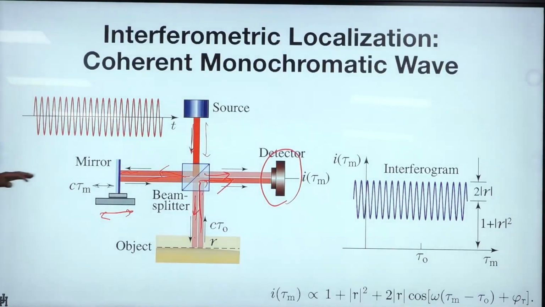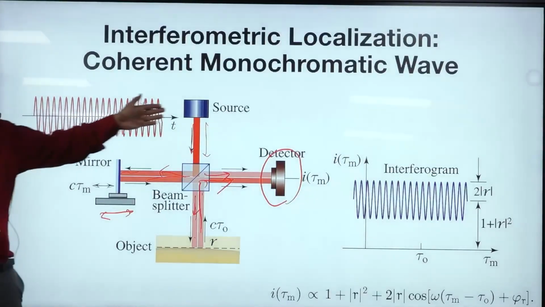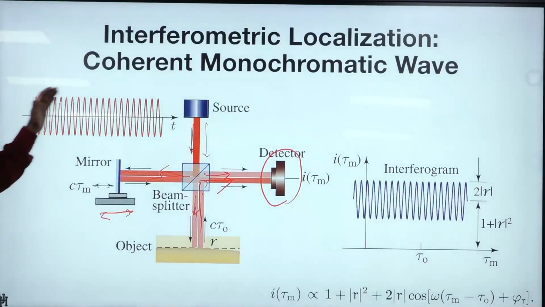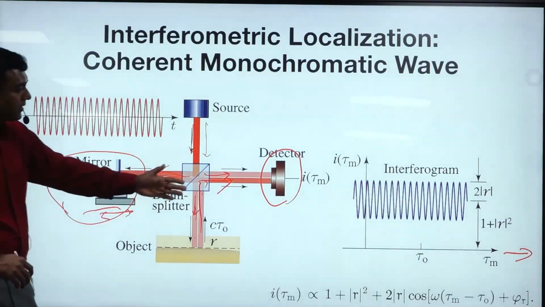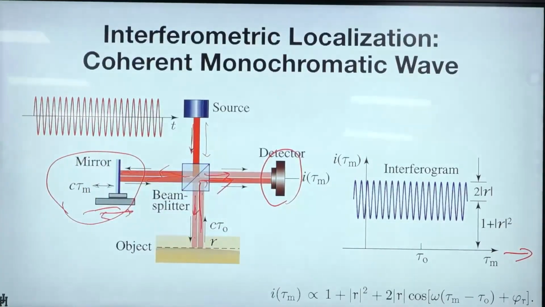If you have a source of one wavelength, a monochromatic coherent wave, which falls on this interferometer, then as you move the reference mirror from one end to the other and plot the signal as a function of position on the x-axis, the signal you detect, because of the interference of the beam from the mirror and the one from the object, will look like a sinusoid.